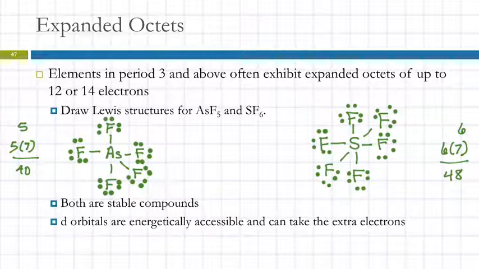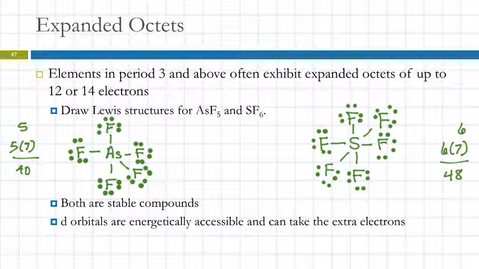The reason this can happen is because elements in period 3 have their 8 valence electrons in the 3s and the 3p, but there's also 3d orbitals sitting there, right? So in the hotel, on the 3rd floor, there's the S room and the P room.